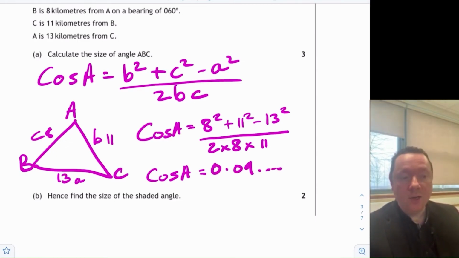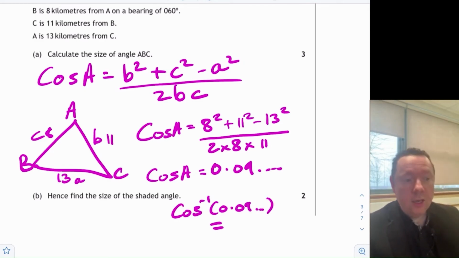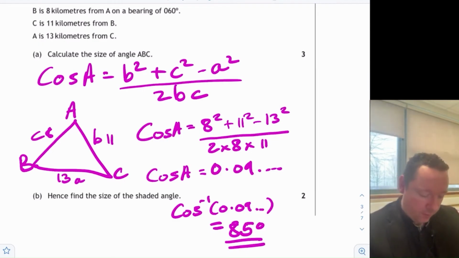So then to get an angle, we need to do the inverse cos. So the inverse cos of 0.09 equals 85 or 84.8. So 85 degrees would be a reasonable degree of accuracy. Or if you got 84.8, that would be fine.